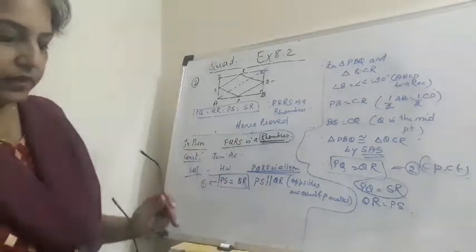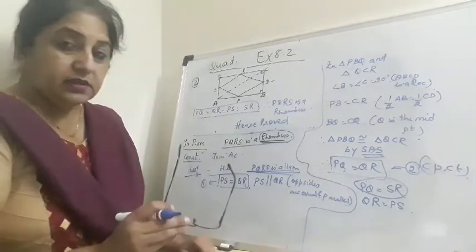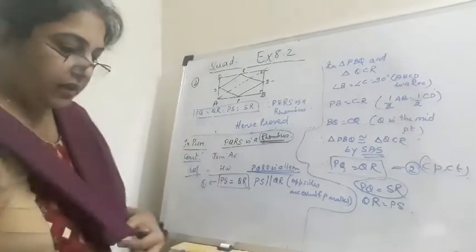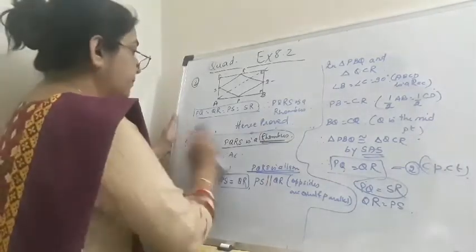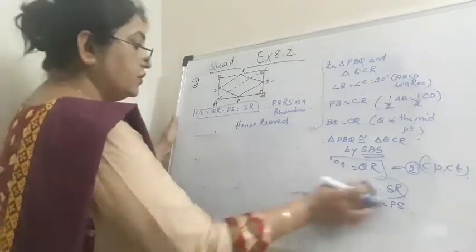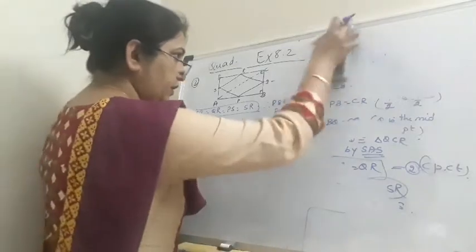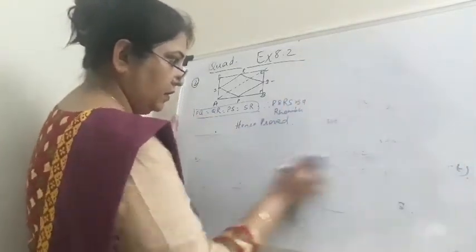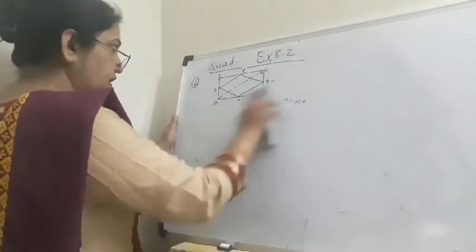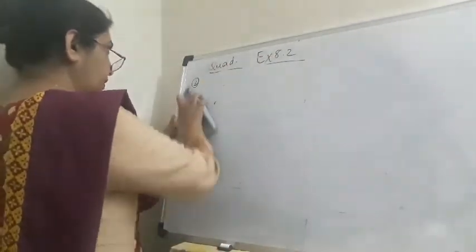Now we have the next question. ABCD is a trapezium in which AB is parallel to DC. So in all these questions, children, we have to apply the midpoint theorem, or maybe in some questions the converse of the midpoint theorem.